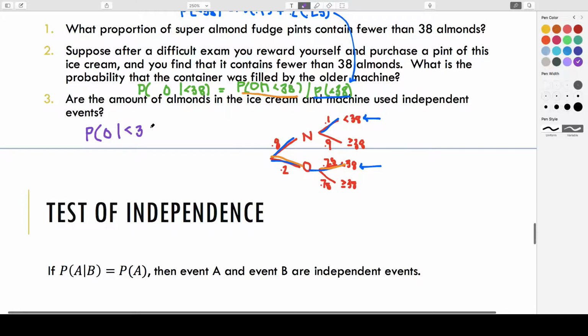Didn't I already find that probability? Why don't I see if it's equal to the probability of old? The probability of old would just be 0.2, this branch right here. Then compare it to whatever you got for your answer in 2. If they're not equal, which I think happens, it would be not independent. Not equal, not independent. Equal, independent.